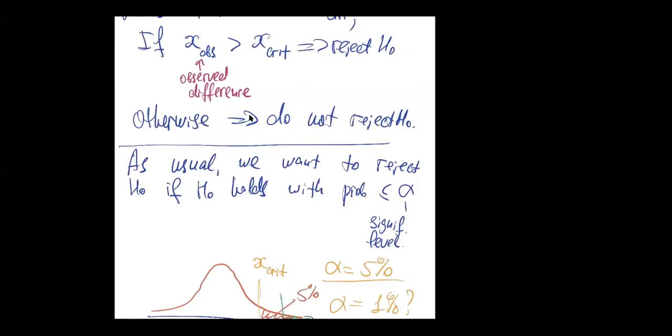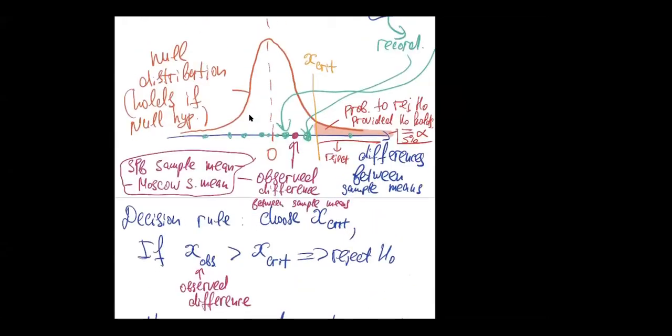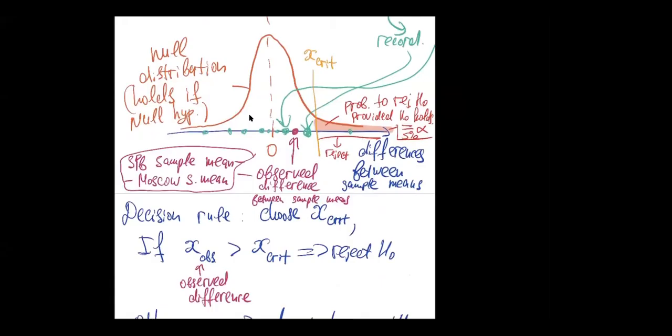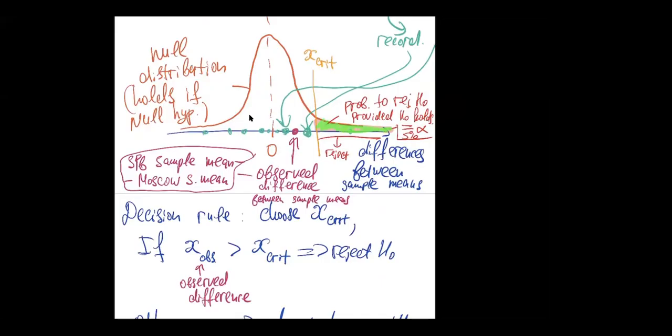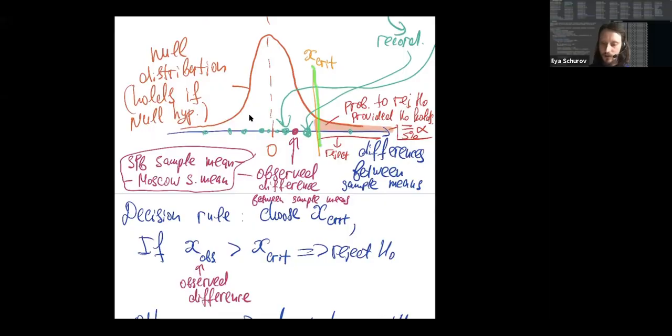Okay, and if we, for example, get a probability to reject the null hypothesis, provided that the null hypothesis holds, of, for example, 3%. So if you choose this x critical, and you see that this area is 3%, well, it means that you can decrease your x critical and make your test more sensitive.